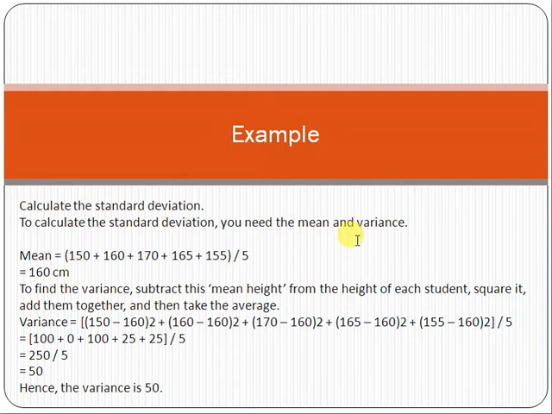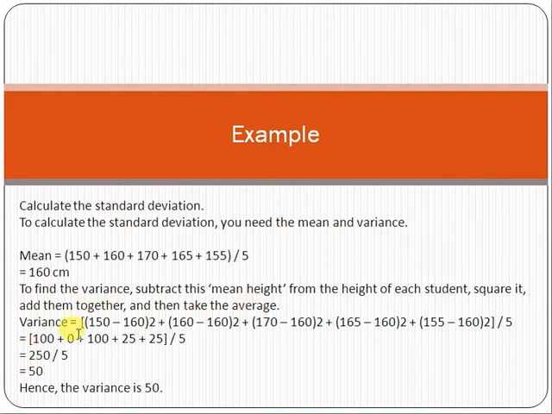Now we have to calculate the variance. So how can we calculate the variance? To calculate the variance, subtract the mean height, 160 centimeter, from the height of each student, square it, add them together, and then take the average.